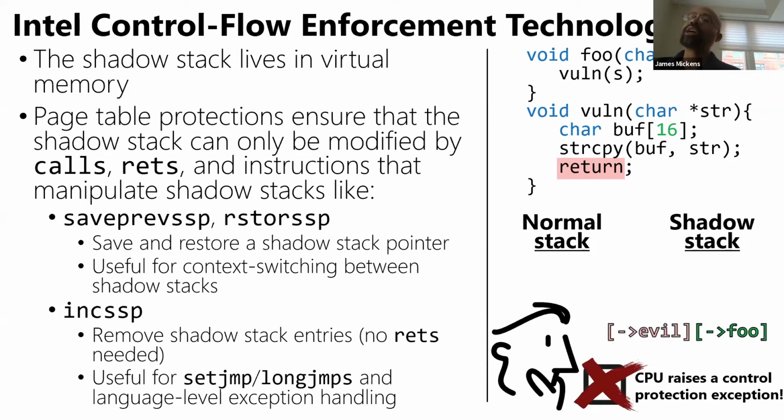So that's not very common. The most common case where you have these nonlinear call and return pairs is when you have things like language level exception handling. Sometimes you'll see this with setjmp and longjmp, but those are also not very common.